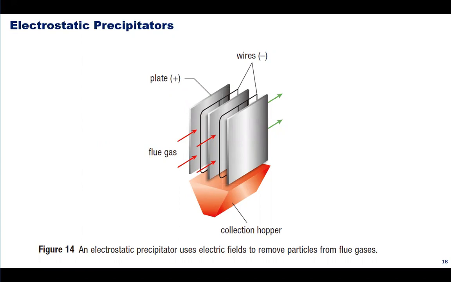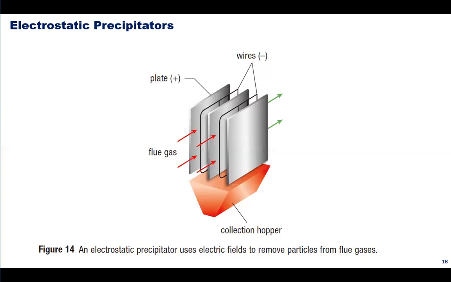Electrostatic precipitators also use electric fields to remove extremely small particles of soot, dust, and ash from flue gases and other emissions produced by combustion, smelting, and refining.